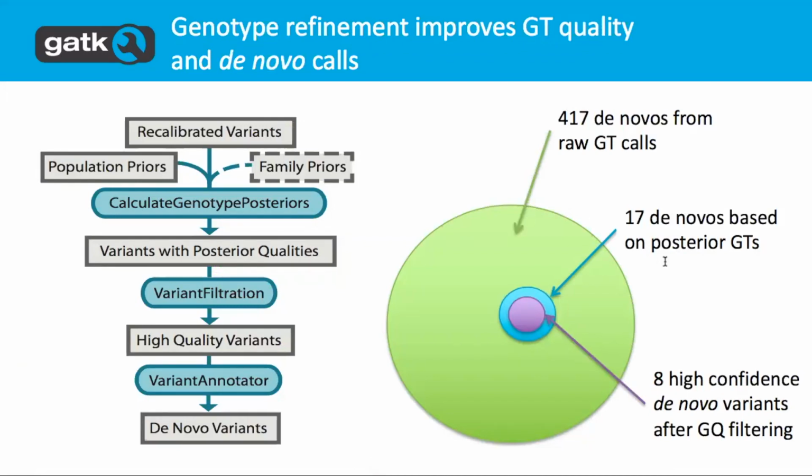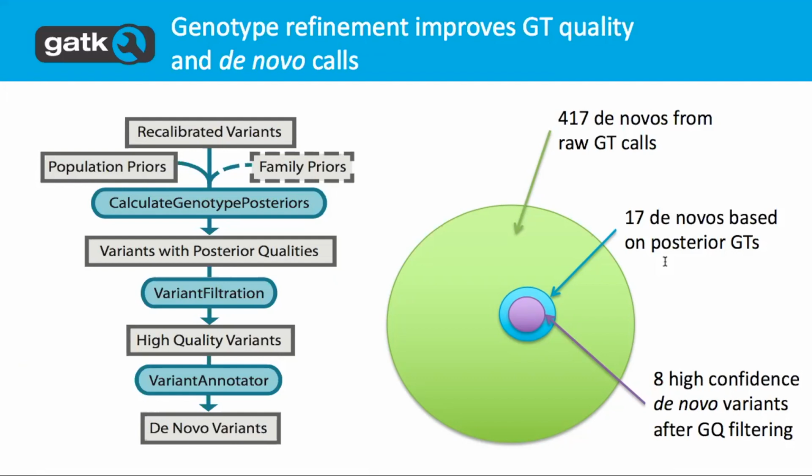Finally, using population information, we can refine our genotypes. So for example, if you have a sample where we found 417 de novo variants, we really don't expect there to be so many, but we can take advantage of population priors and optionally family priors to refine that.